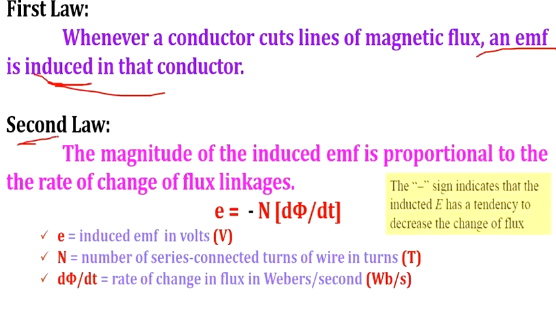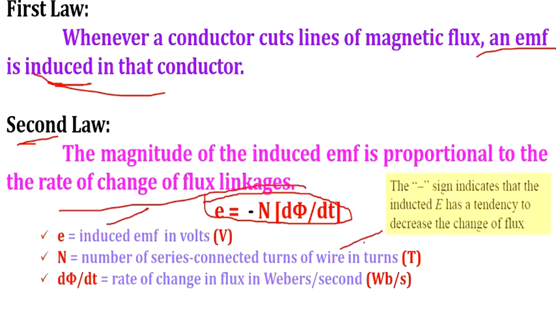The magnitude of induced EMF is proportional to the rate of change of flux, given by the equation E = -N dφ/dt, where E is the induced EMF, N is the number of turns in the coil, and dφ/dt is the rate of change of flux. The minus sign indicates that the induced EMF has a tendency to oppose the change of flux.